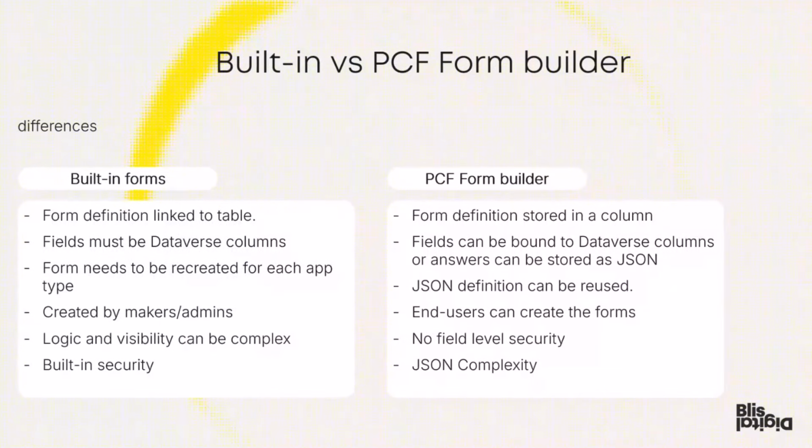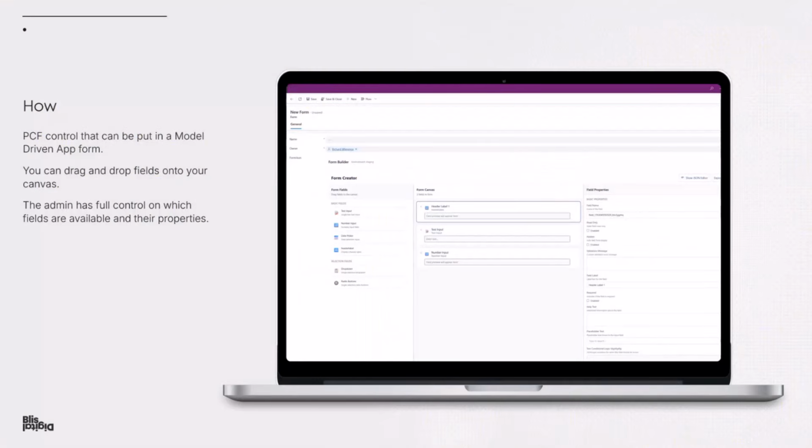But in the end, we built a drag and drop editor. That is a PCF control. You can put it inside your model-driven app. You have the ability to drag and drop fields, and an admin or a model-driven app maker can define the fields that the users can use and the properties of those fields.